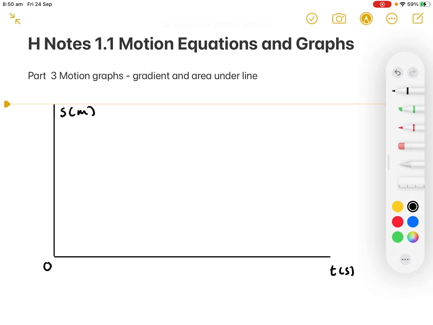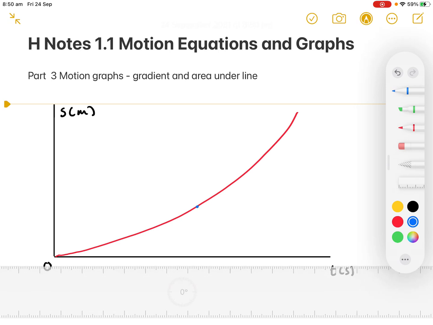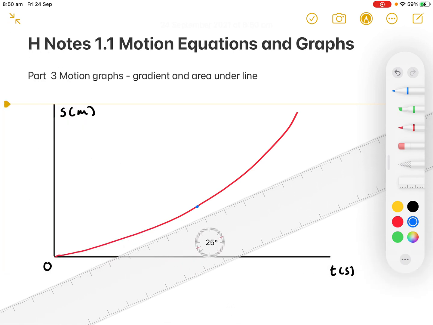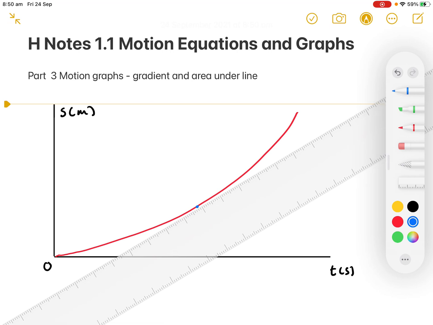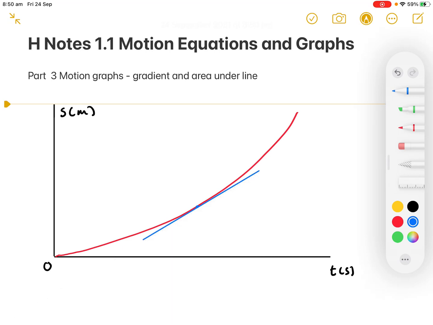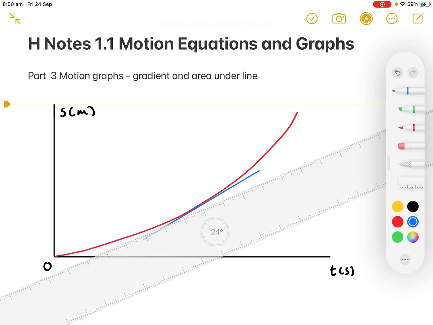Well, if we had a typical uniform acceleration type displacement curve like that, and we chose a certain instant in time, say here, well, at that instant, if we were to draw a tangent to the curve like that, the tangent would have a gradient.